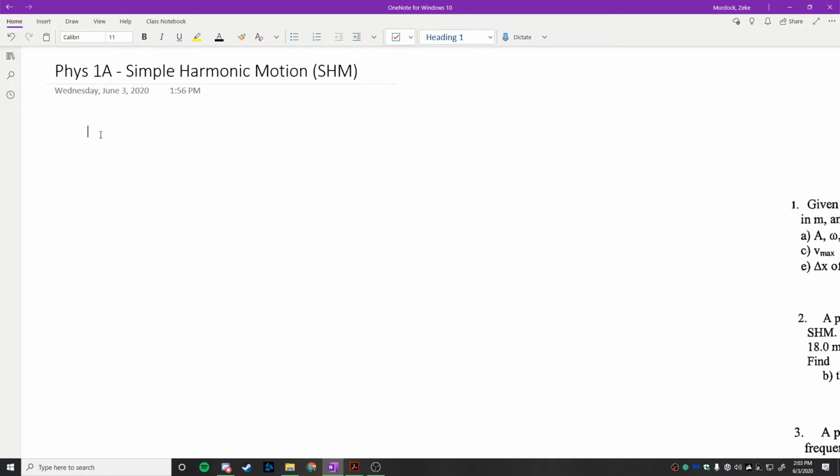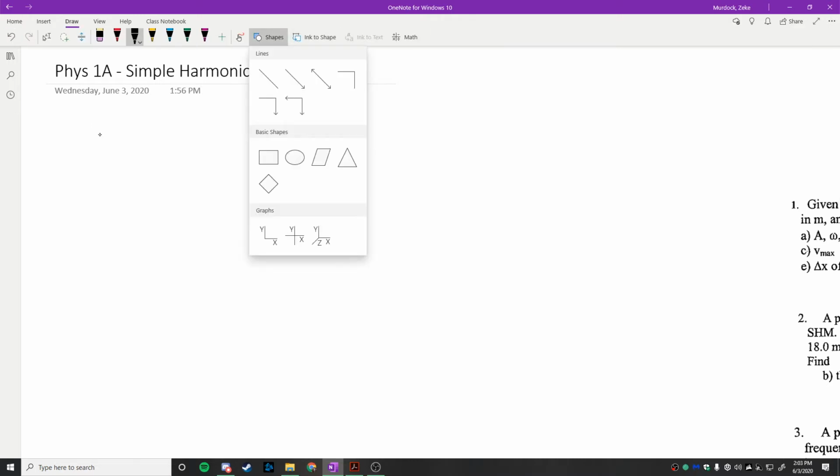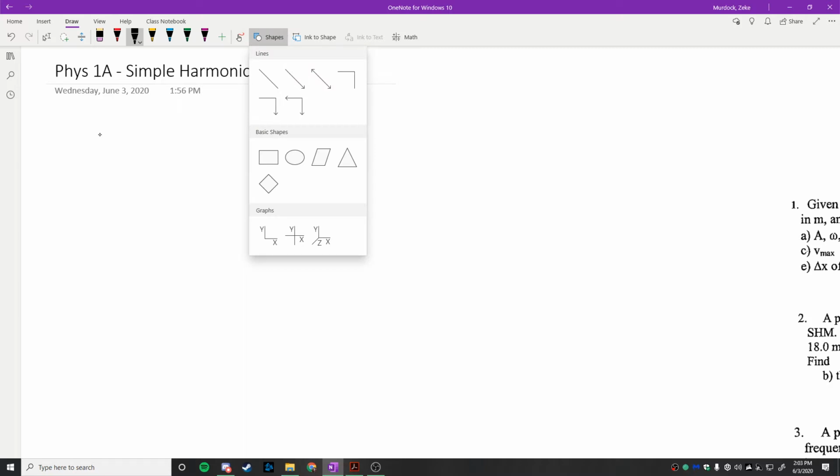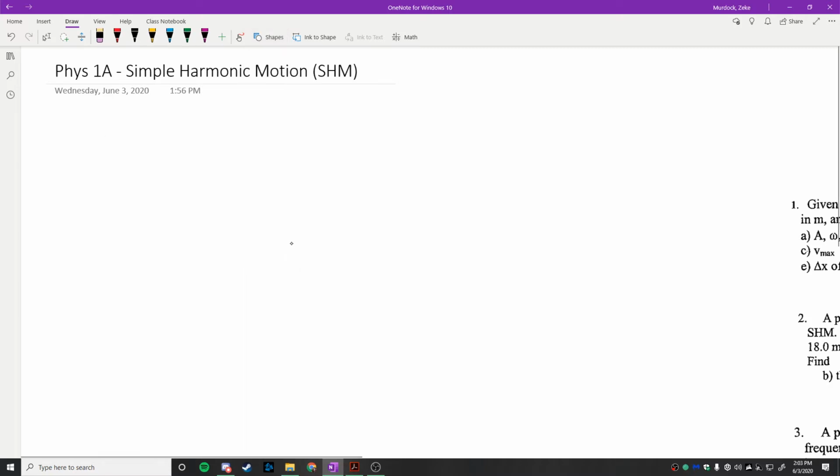Alright, so the system that we're going to look at first is basically a box attached to a spring. Okay, so this is going to be a surface, and there's going to be a rigid wall.